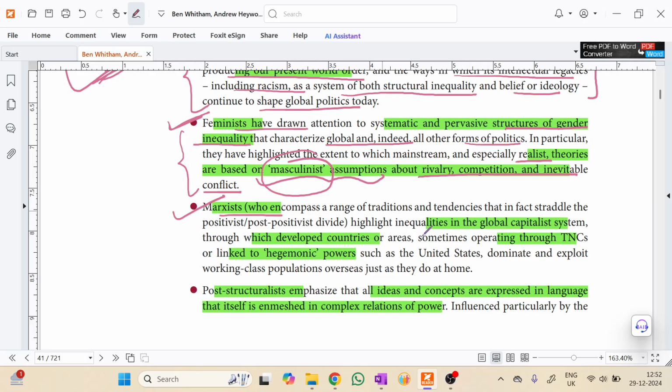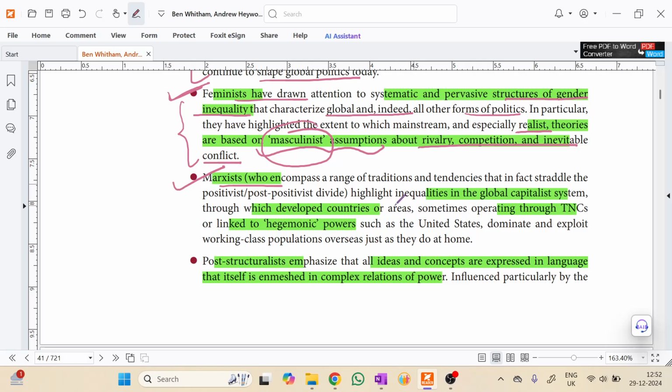Then Marxists highlighted inequality in the global capitalist system, through which the developed countries, especially European countries and America, operate through transnational corporations, which are linked to the hegemonic power, the United States.